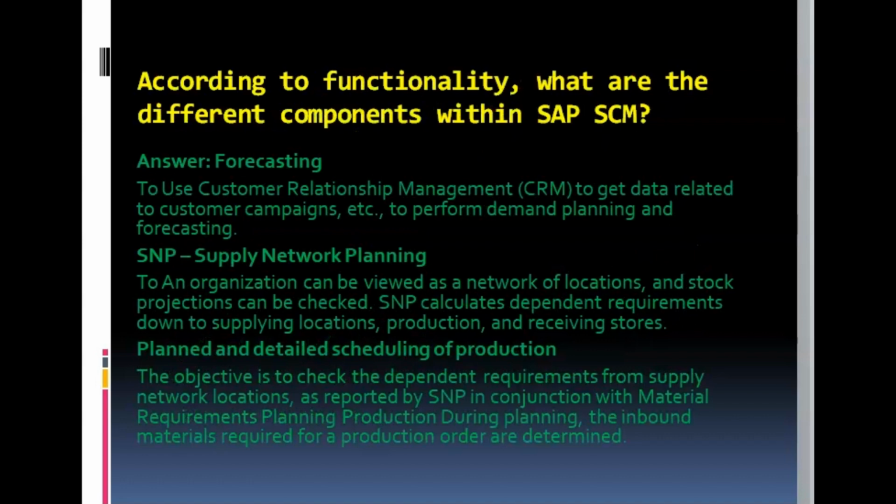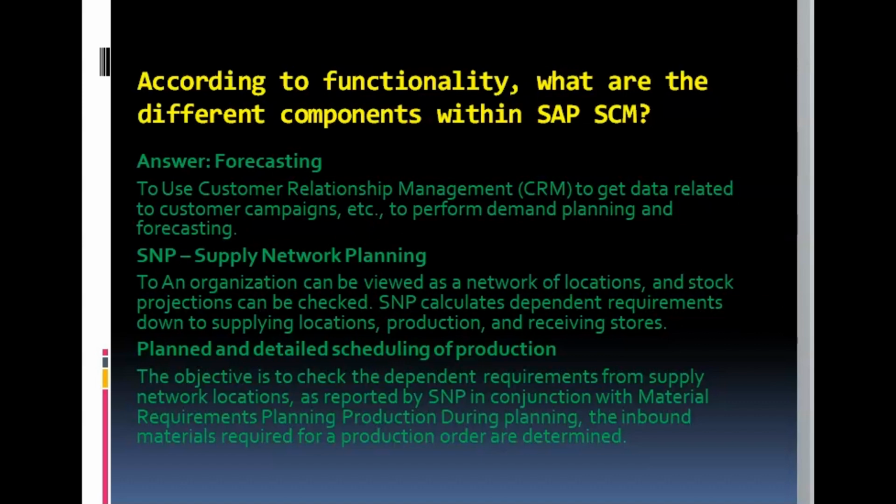According to functionality, what are the different components within SAP SCM? Answer: Forecasting, using customer relationship management (CRM) to get data related to customer campaigns, etc., to perform demand planning and forecasting.